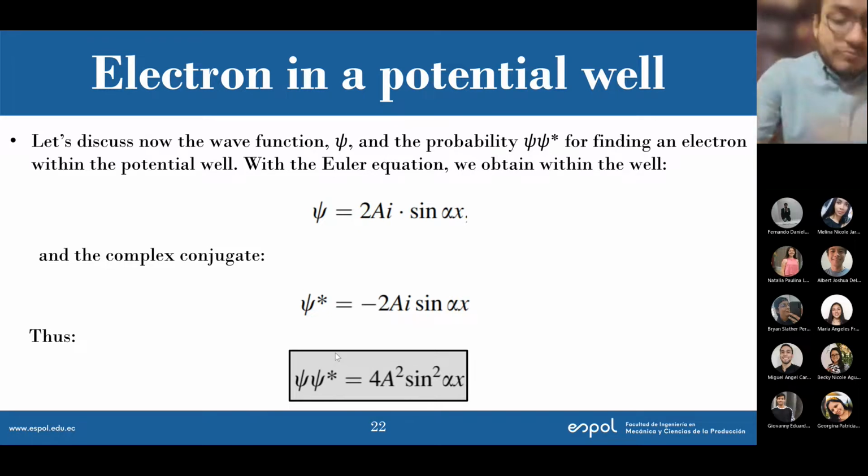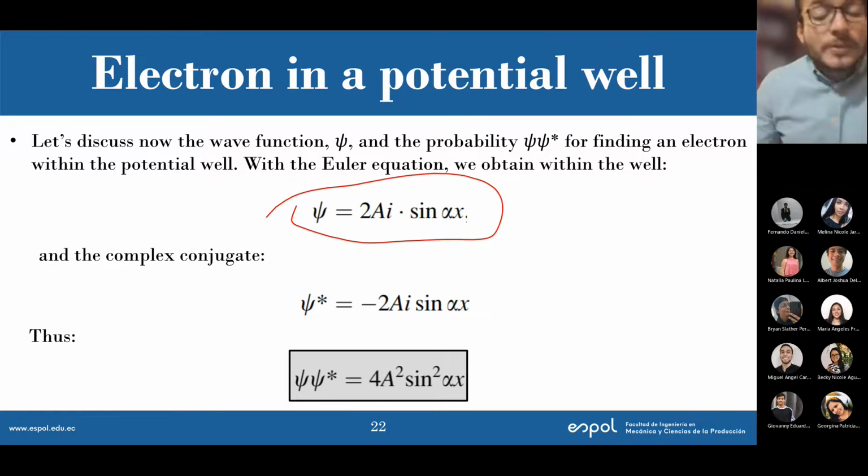We all know by now that this is the general form of a wave function, right? That A just becomes a constant, and that's just the general form of the wave function. We know that every function has its complex conjugate, right? That is just the opposite.